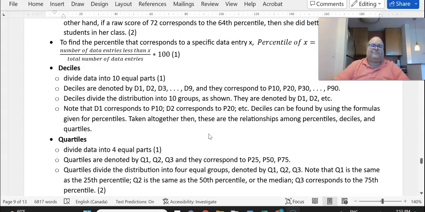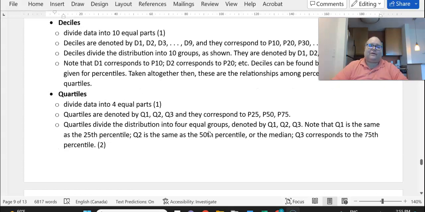A decile is a group of 10%, or 10 equal parts. Our quartiles are what interest us most. Our quartiles, denoted by Q1, Q2, and Q3, represent our 25th percentile, 50th percentile, and 75th percentile.